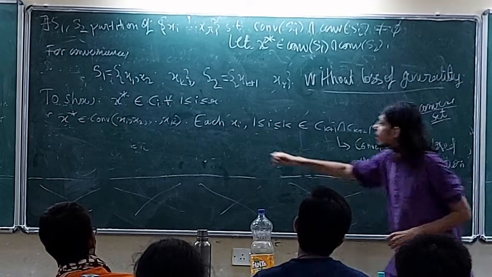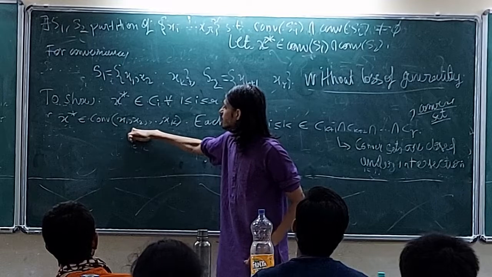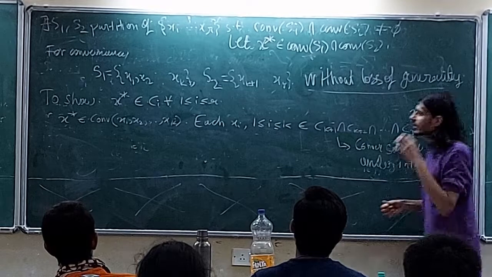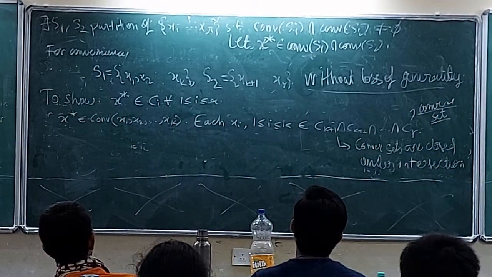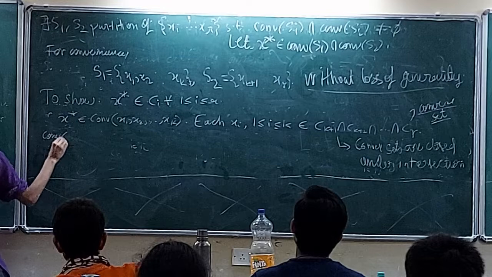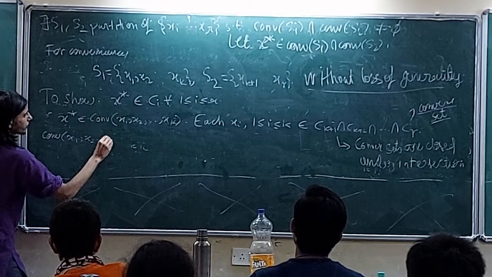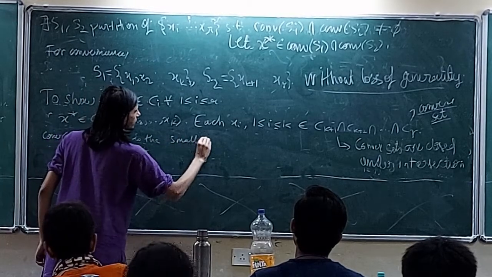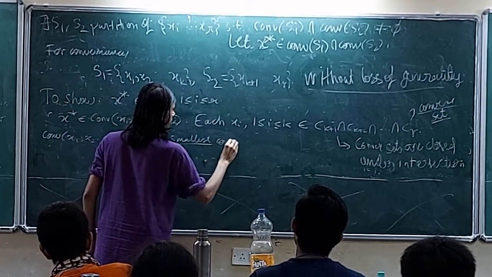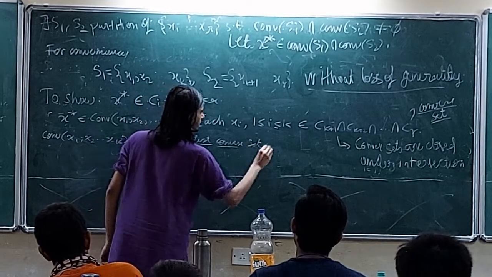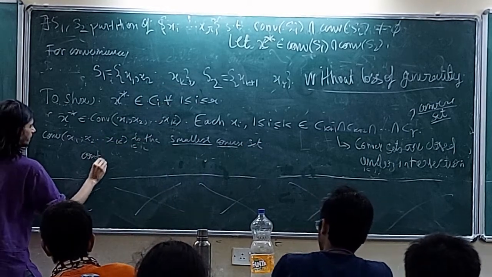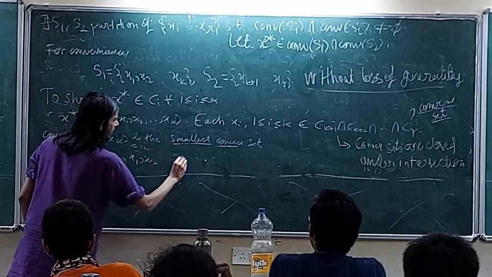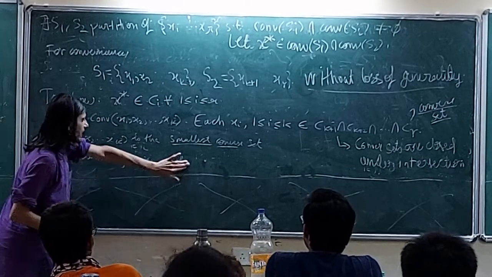But what is the definition of conv? Conv, by definition, is the smallest convex set containing each of these points. So conv of x1, x2 up to xk is the smallest convex set containing x1, x2 up to xk.